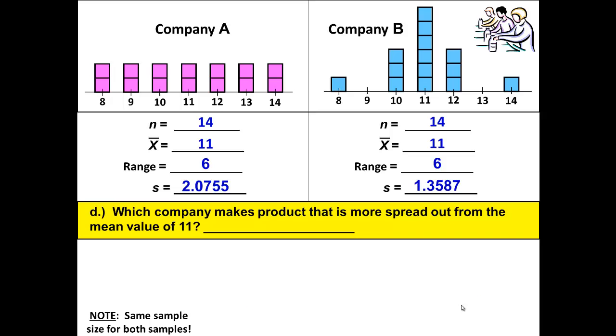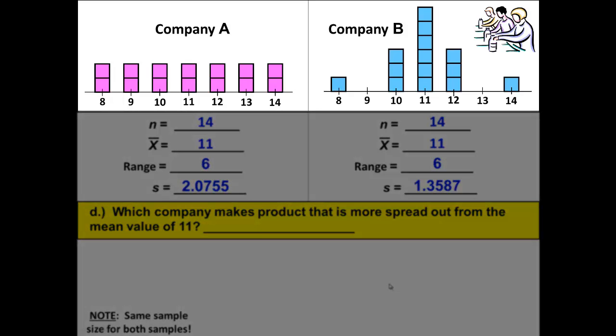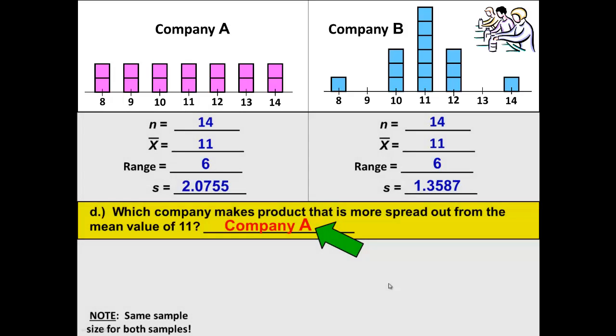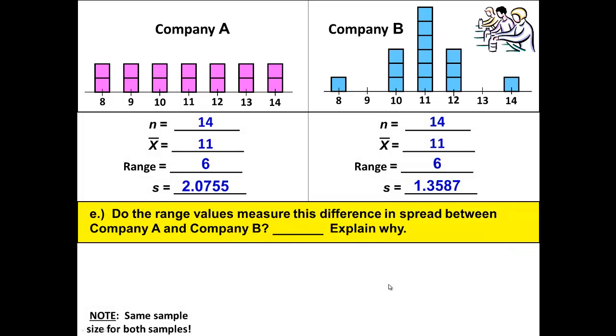Question D. Which company makes products that are more spread out from the mean value of 11? Well, again, just looking at the graph, that would be Company A. Do the range values measure this difference in spread between Company A and Company B? Well, the range values are both 6, so that answer is no, because it doesn't tell us the difference in where the values are located.